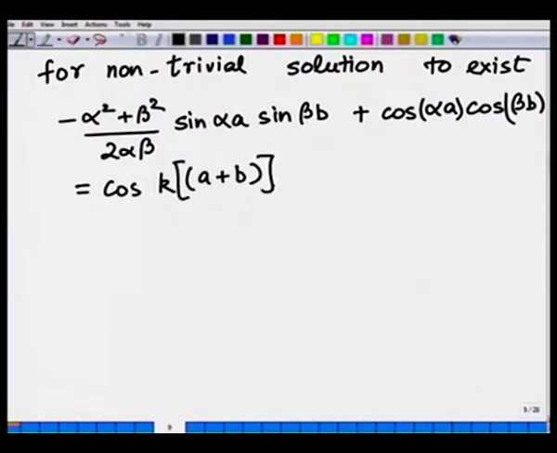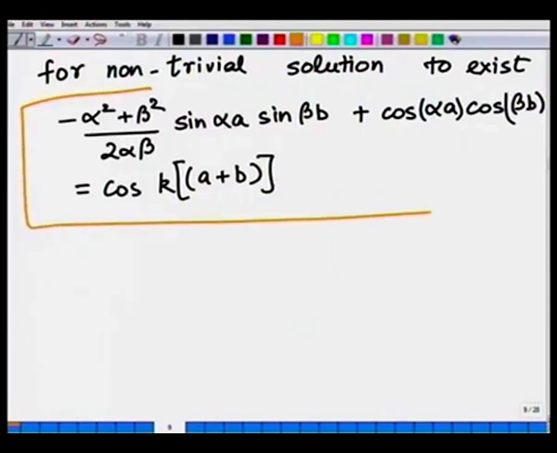This is really the condition for solution. This is essentially what I was looking for. At the end of the day, in order for a solution to exist, this must be true. That is what we wanted to show.